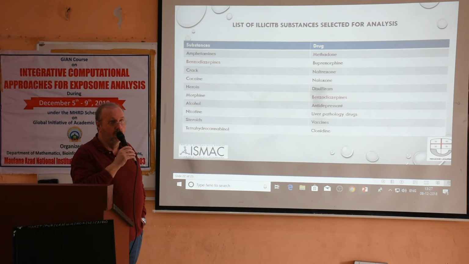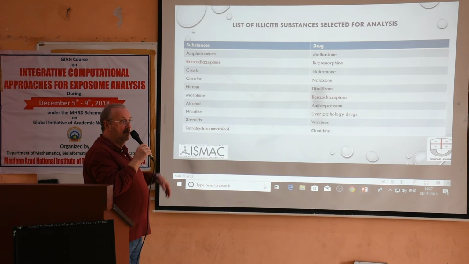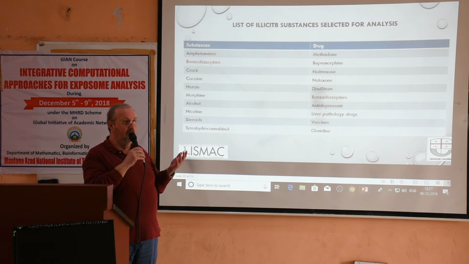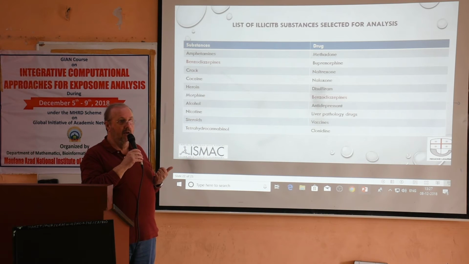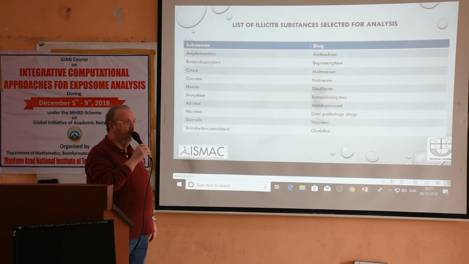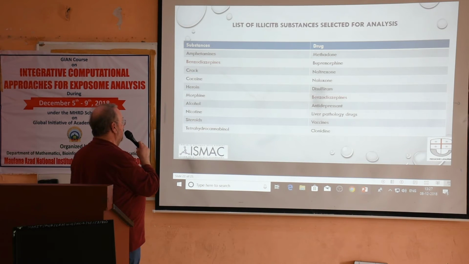Nicotine is smoke, and you can consider that a single subject is not exposed to cocaine only, but can drink spirits, can smoke, and there are other things with food or with water or whatever.